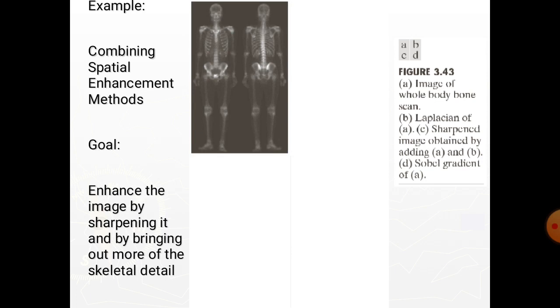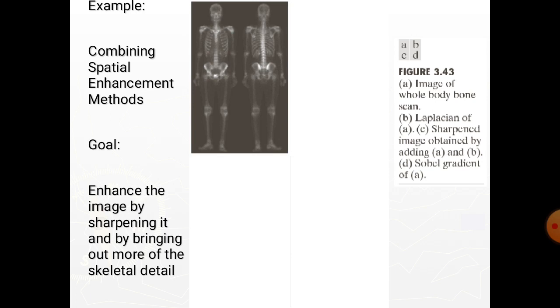Now this is an example of combining spatial enhancement methods. Its goal is to enhance the image by sharpening it and by bringing out more of the skeletal detail. With a few exceptions, like combining blurring with thresholding, we have focused attention thus far on individual approaches.